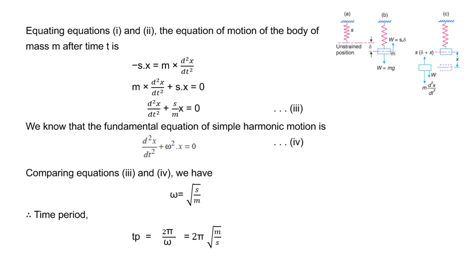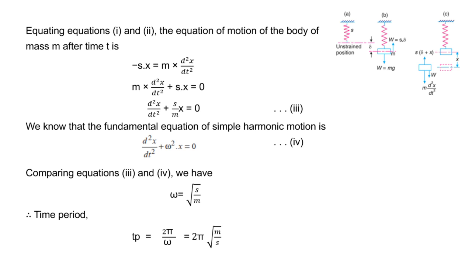Compare these two equations, the standard equation of SHM and the third equation, we will get omega is equal to square root S by m, or omega is equal to square root K by m. Instead of S, if I put K, then omega is equal to square root K by m, or omega is equal to square root S by m.